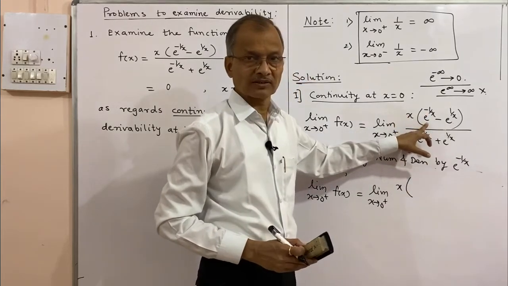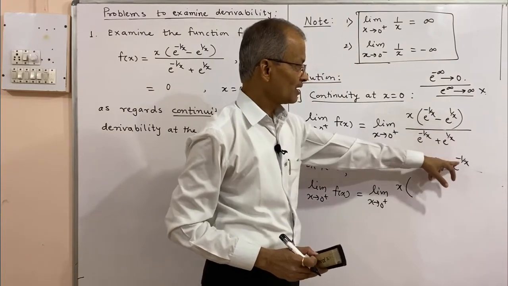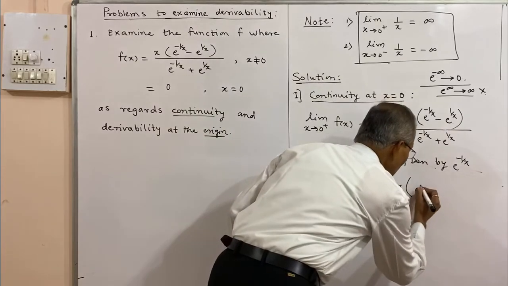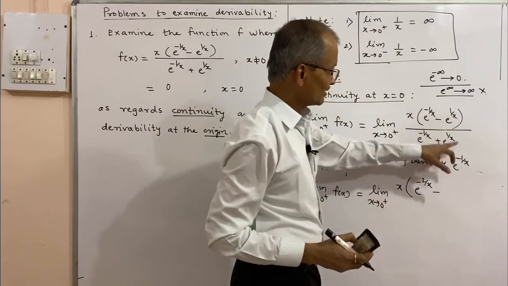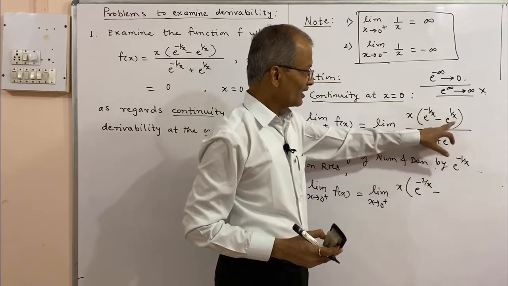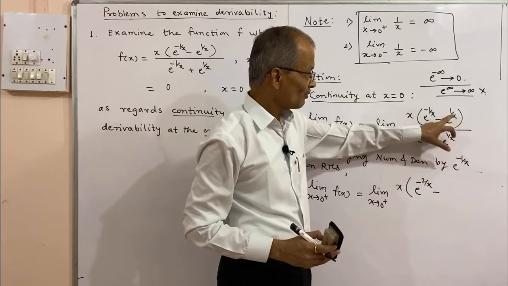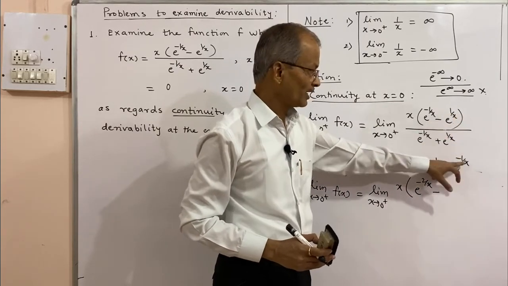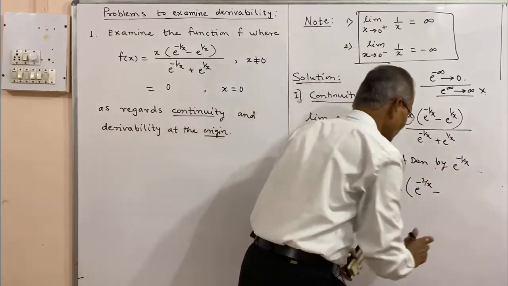Use the laws of indices: there will be addition of these two indices, minus 1 by x minus 1 by x, that is minus 2 by x. So it is e raised to minus 2 by x minus the multiplication of these two, e raised to 1 by x into e raised to minus 1 by x, that is e raised to 1 by x minus 1 by x, which is e raised to 0, and e raised to 0 is 1.